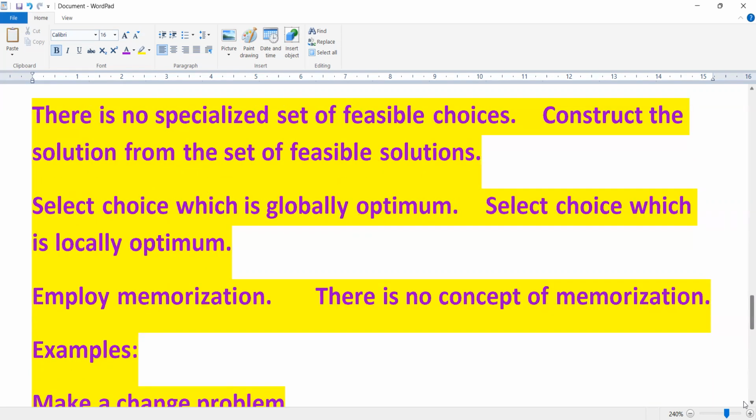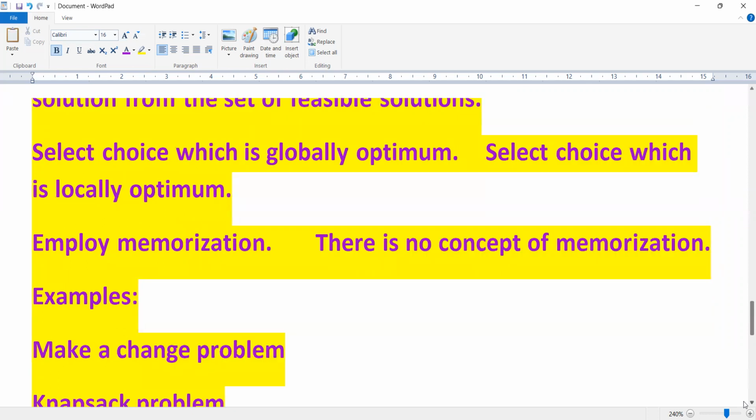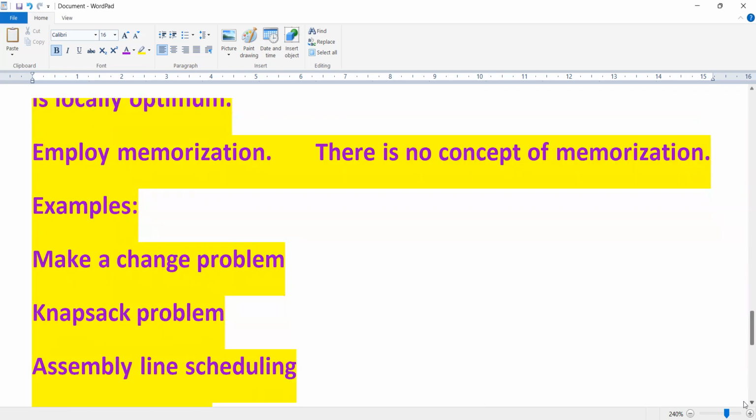Dynamic programming selects the choice which is globally optimum, but greedy selects the choice which is locally optimum. Dynamic programming implies memoization, but greedy has no concept of memoization.